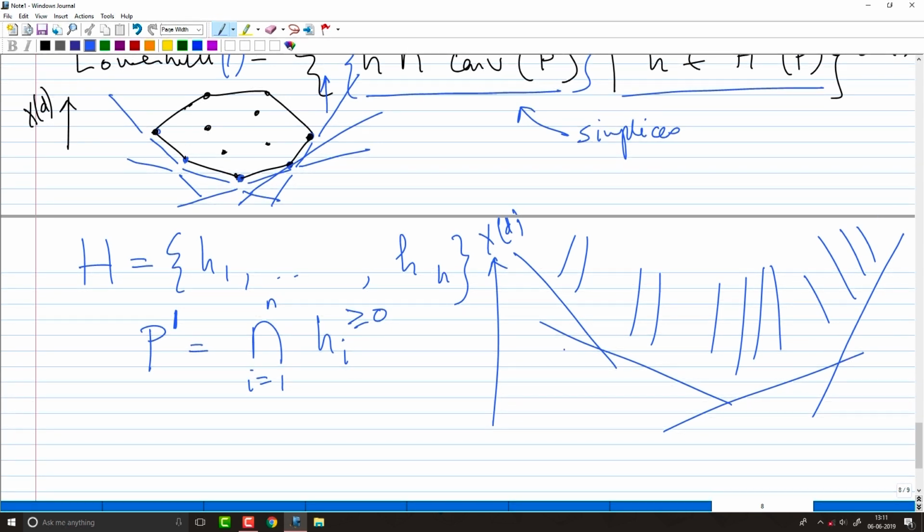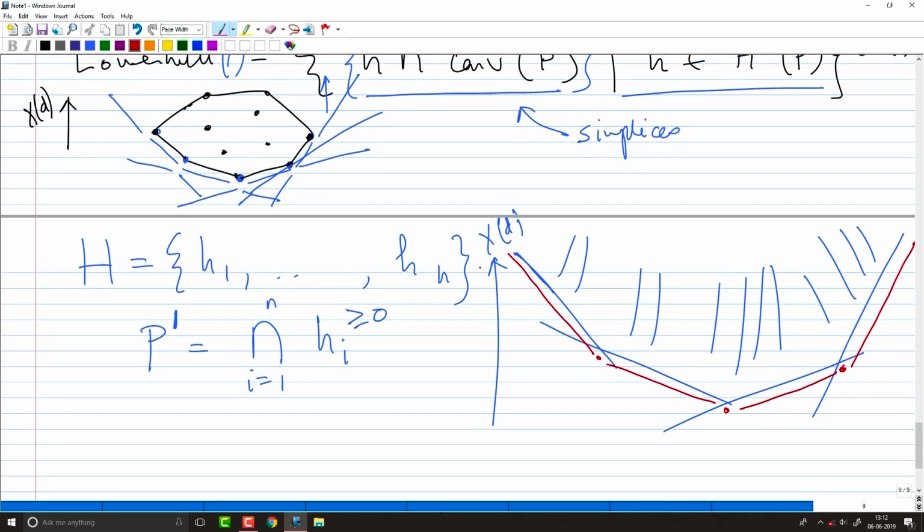For this object, I can also define something called the upper hull. Upper hull will basically be these faces of this polyhedron.